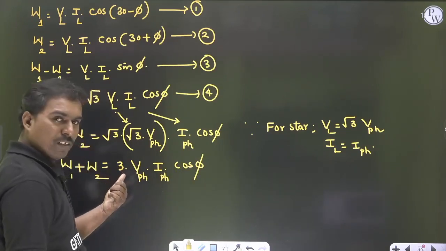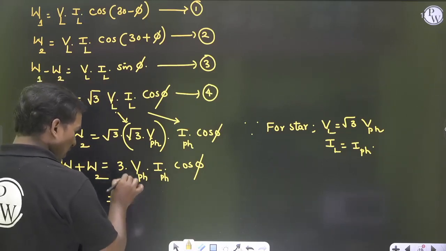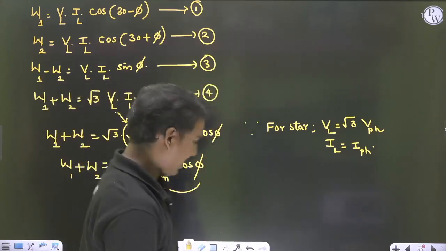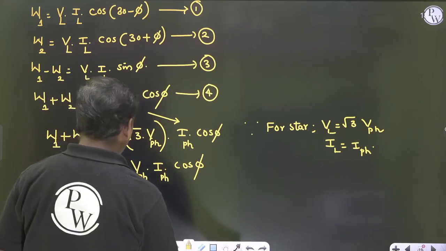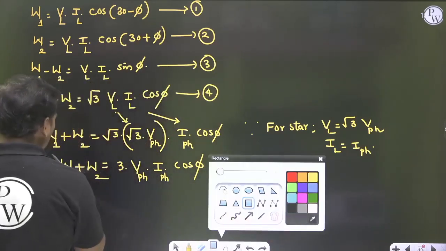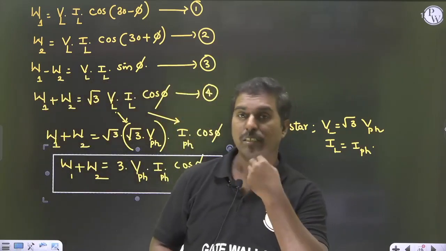If you observe, this is a summation of 3 phases or not. So this is nothing but the 3 wattmeter reading. That means by using just 2 wattmeters, you are able to measure the 3 phase power.